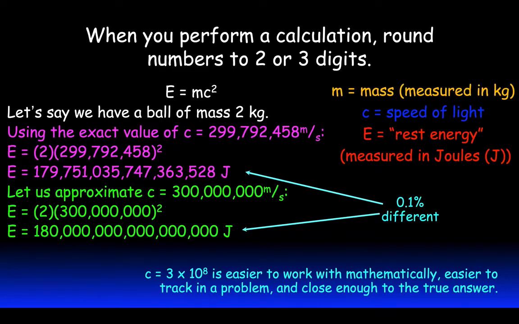So using the rounded values is just easier to work with mathematically. It's easier to track in a problem. And as long as a precision of 1 part in 1,000 is considered good enough, which I'll tell you right now will always be the case for this course, then just use the exact value and round the numbers that you're working with.